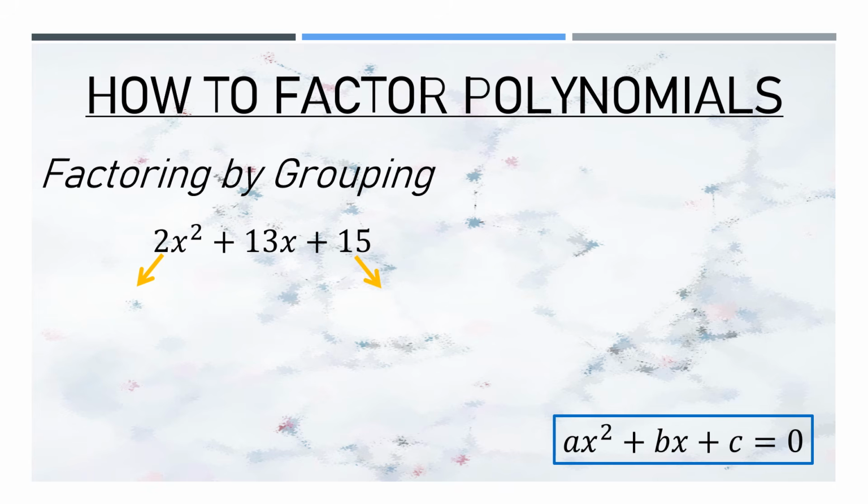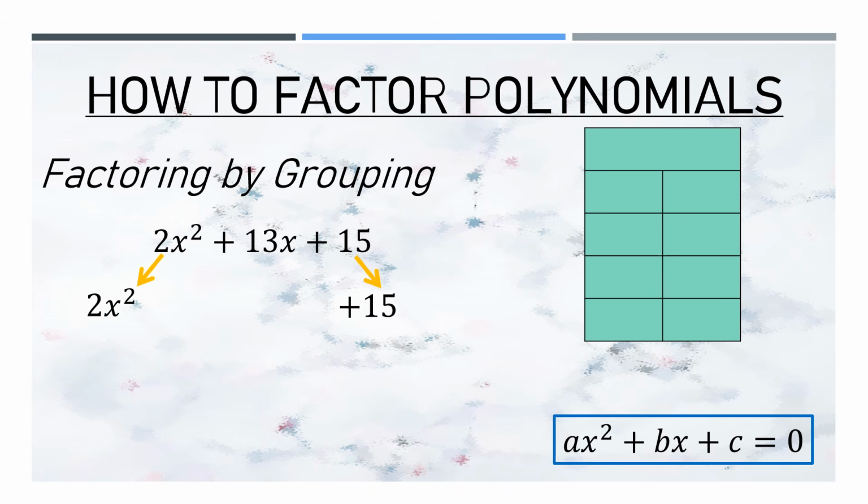Next is to make a table. We need to find the multiples of the product of 2 and 15. So let us first multiply 2, or the first term, dun sa last term. 2 times 15 is equal to 30. And then, yung 30, iyon yung hahanapan natin ng factors.